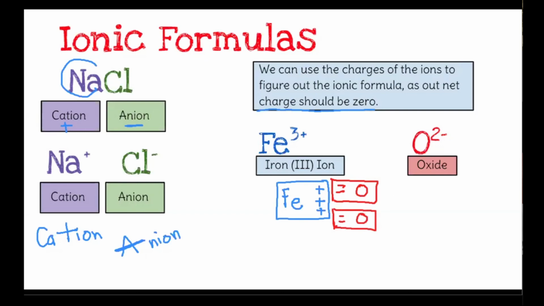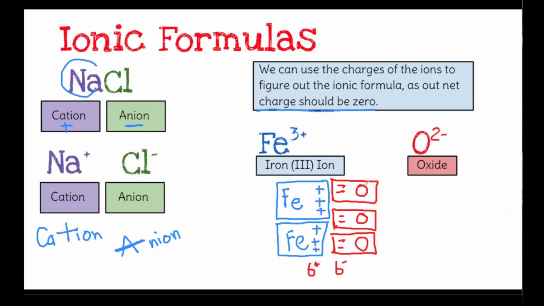I'm still not even, so I could add another iron ion, right, that has 3 positive charges, and then I could add another oxygen ion with 2 negatives. These now have equal charges, 6 positives and 6 negatives.